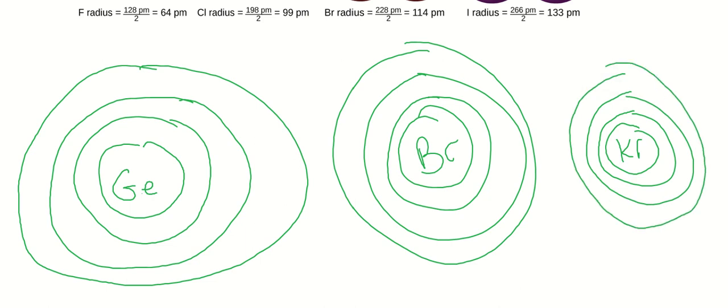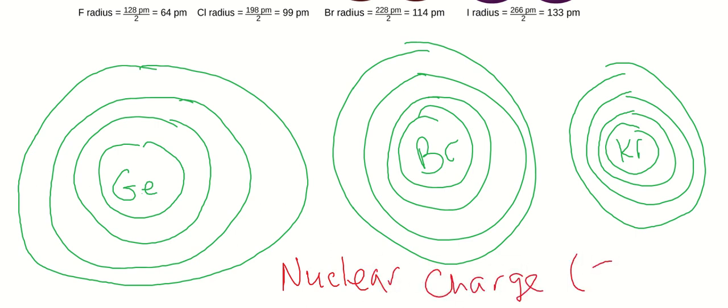Now, why did I draw germanium bigger than krypton? Because it's going to come down to nuclear charge. There is the key, the effective nuclear charge, Z effective, because they all have outer electrons in the 4s, 4p. They have a different number of electrons, but that's not really the point.